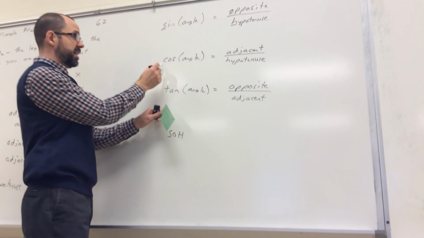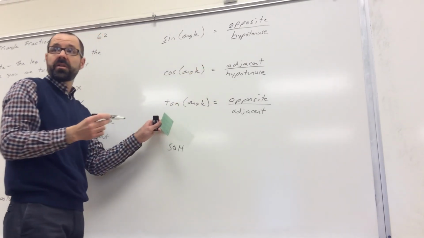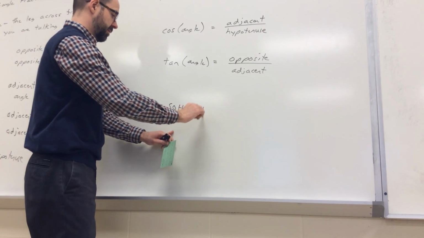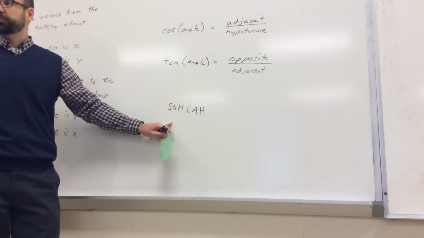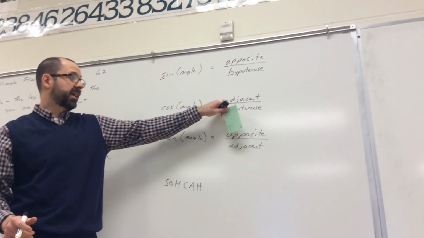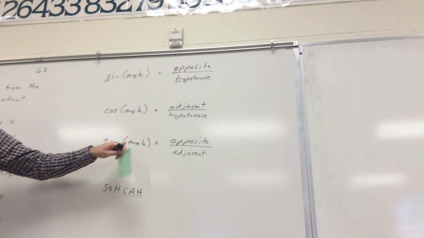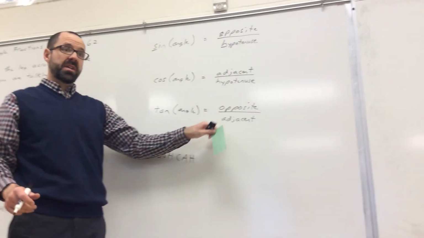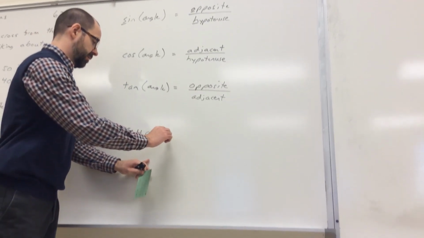And then the C and the A and the H go together. So I'm going to write that next to it. So I just got that from the C here, the A here, and the H there. And then the T and the O and the A could be put together.